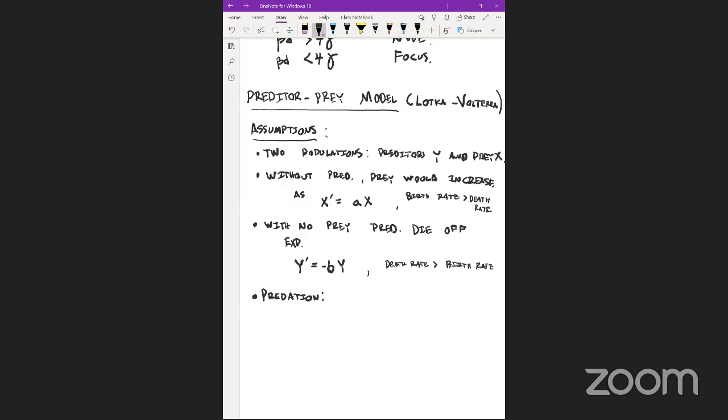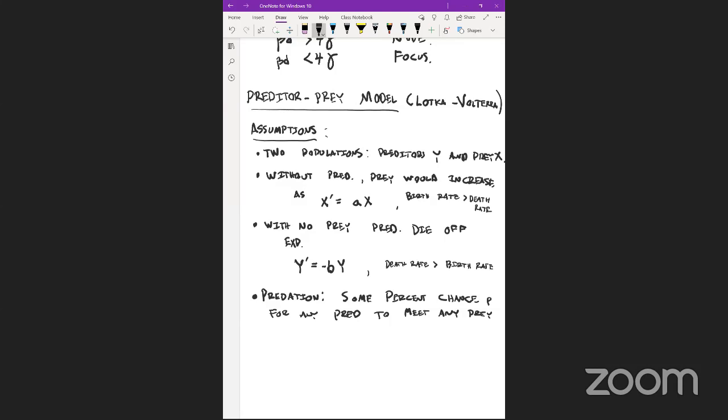So predation: some percent chance, we'll call it P, for any predator to meet any prey. Of course, we're making some big assumptions here. This is some sort of well-mixed environment.